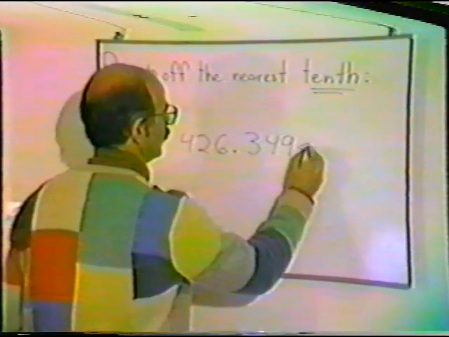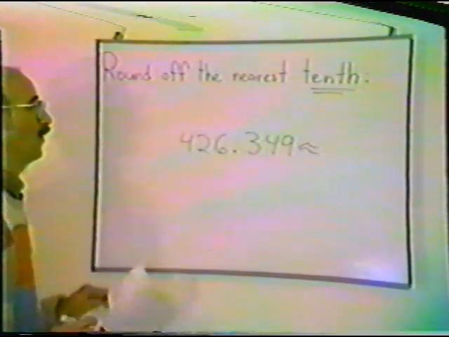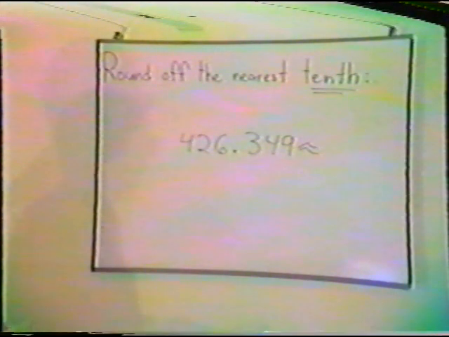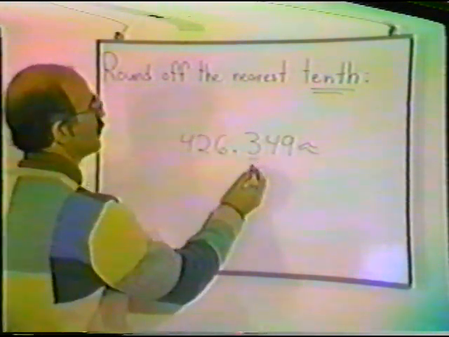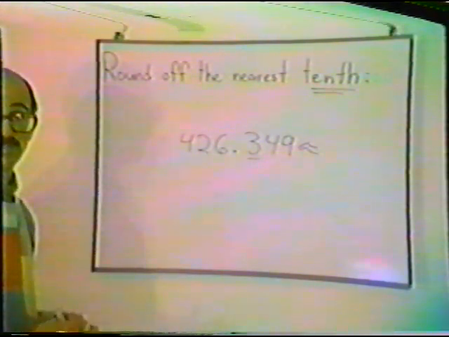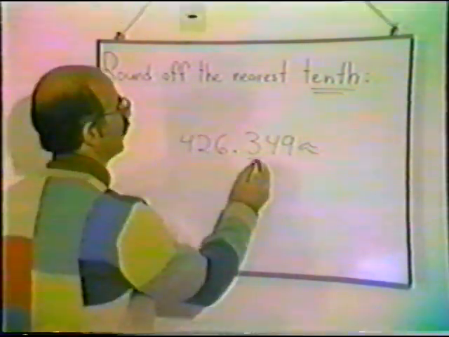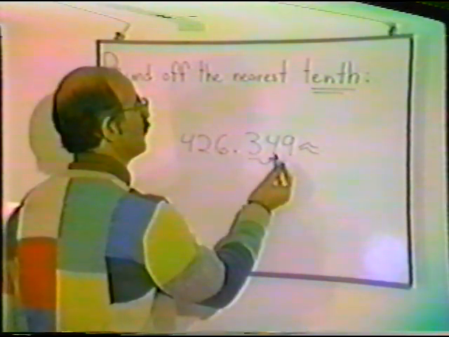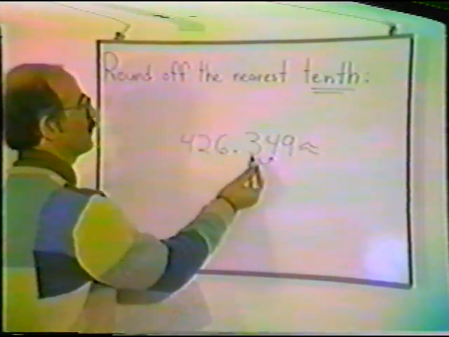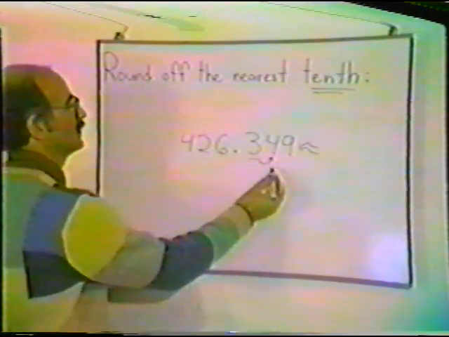Rounding off to the nearest tenth. Which number is in the tenths place? 3. We underline the 3 to remind us which place we're rounding to. We point to the 4. What does the 4 tell us about the 3? It stays the same.